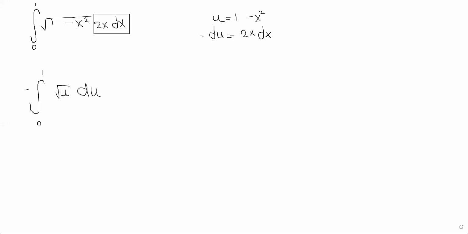Well, we want to integrate first and then substitute. Okay.